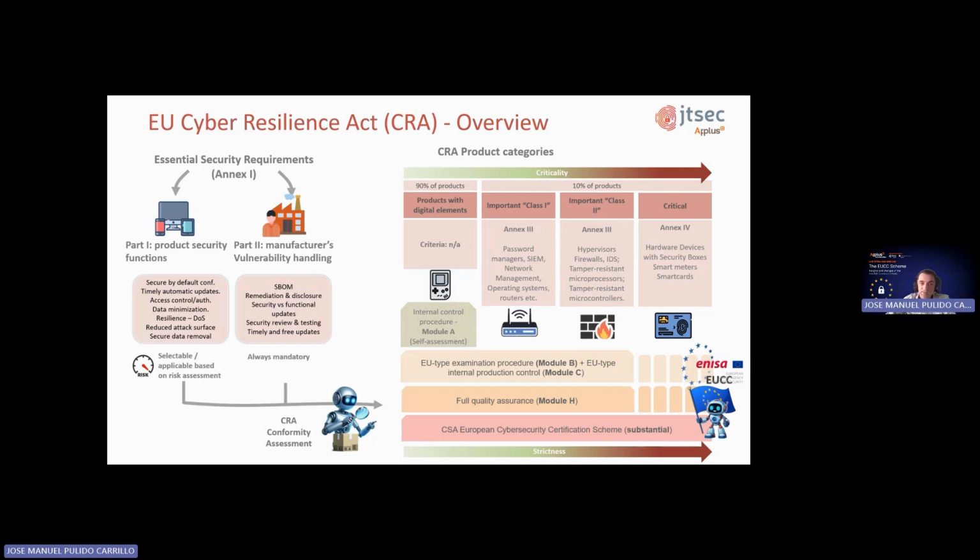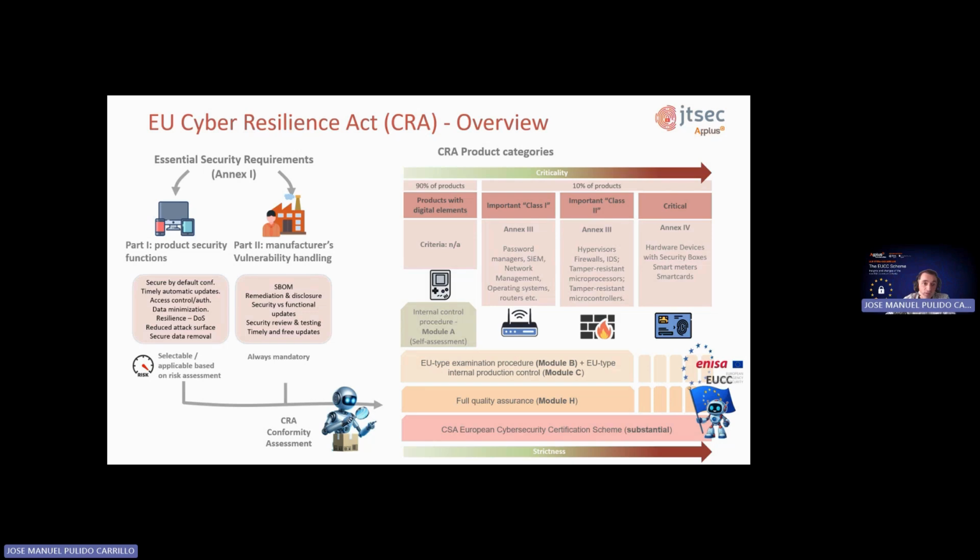Then, with somewhat lesser criticality, we find important products divided into class 1 and class 2. We can find among this list antivirus, firewalls, and many others. And around 90% of the products in the market will fall in a category that is non-important and non-critical, or default products with digital elements.